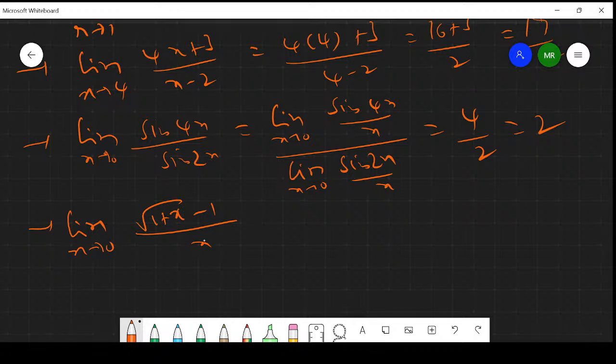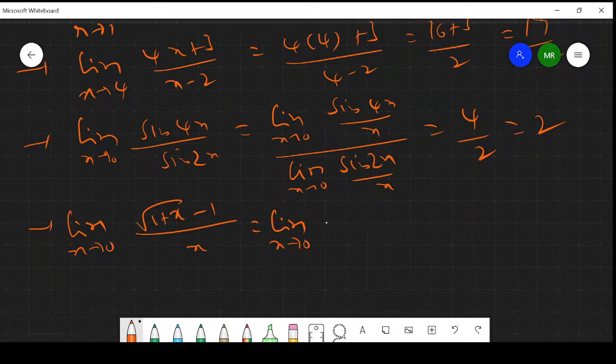With this I am going to complete today's session. See in this problem, when they are asking that problem, just observe it. Root of 1 plus x. I can also directly do it. These are all practice problems.